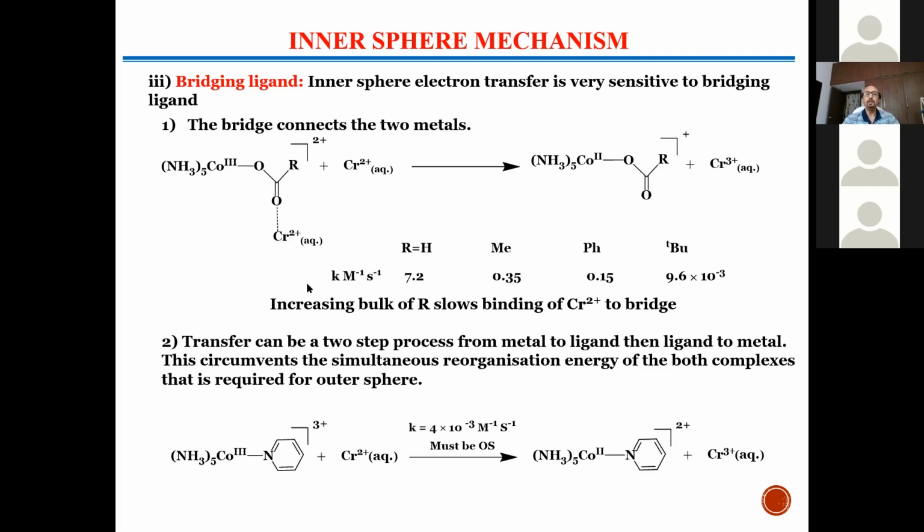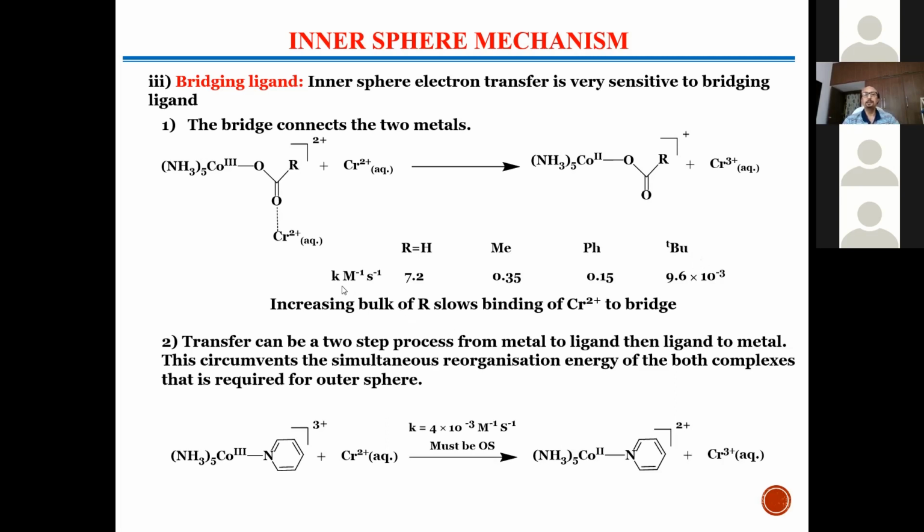Now, if you determine the rate of the reaction as a function of the R, deliberately they have considered the R different. In one case, R equal to H, R equal to methyl, R equal to phenyl, R equal to T-butyl.